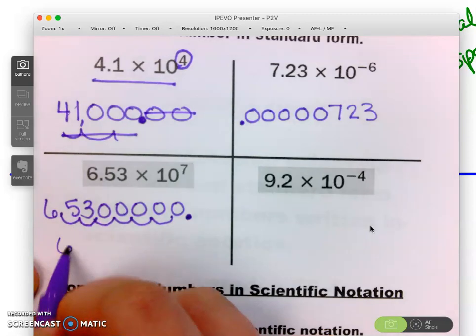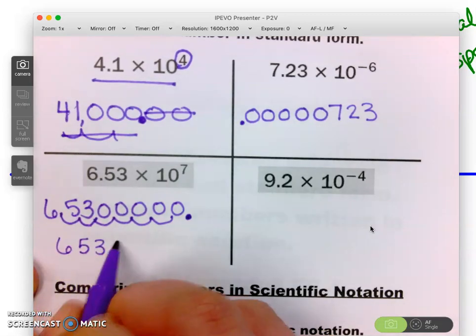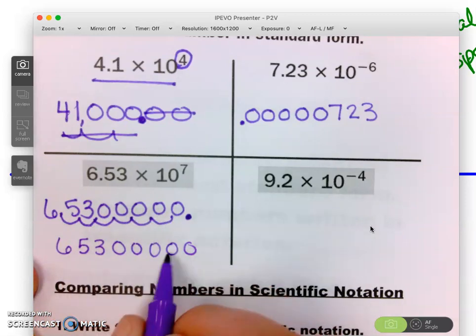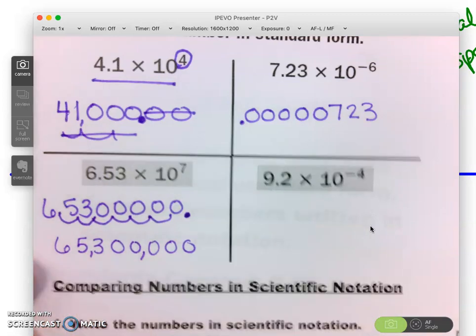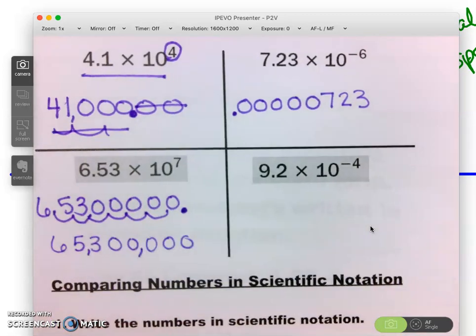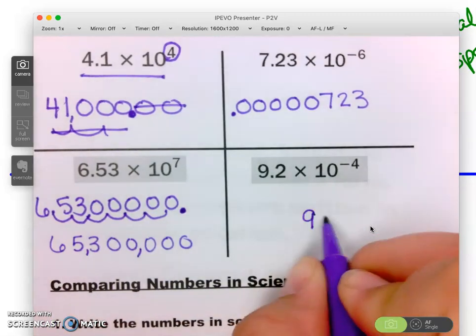Okay, so let me rewrite my answer. Putting in my zeros, there I have 65,300,000 as my answer.